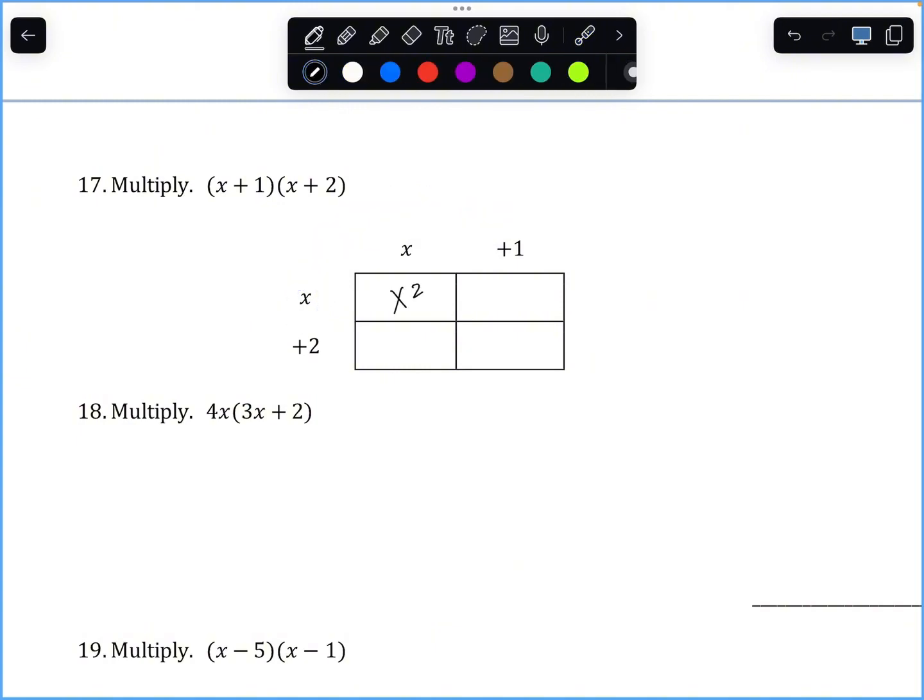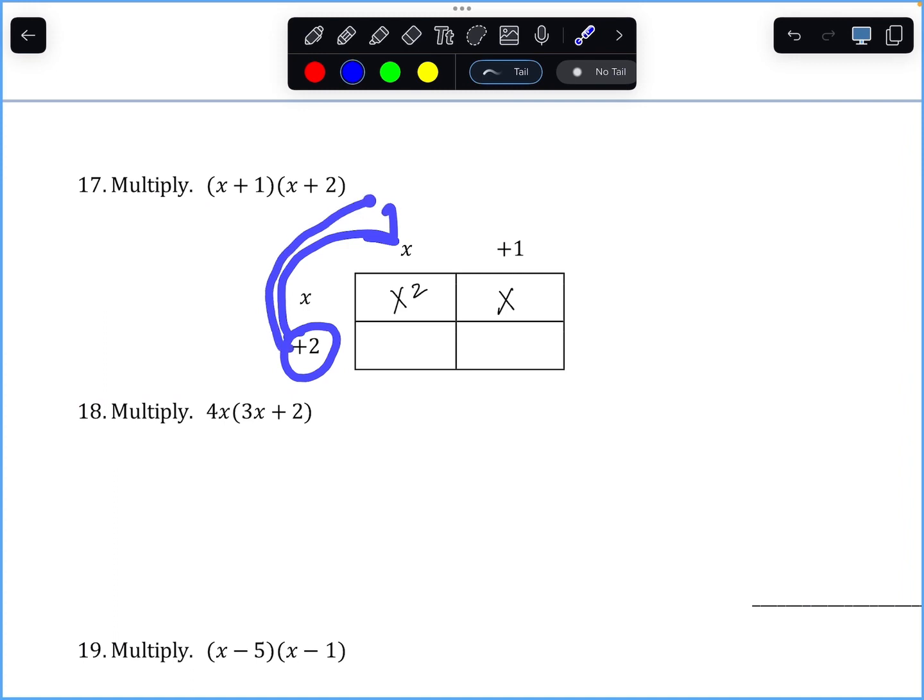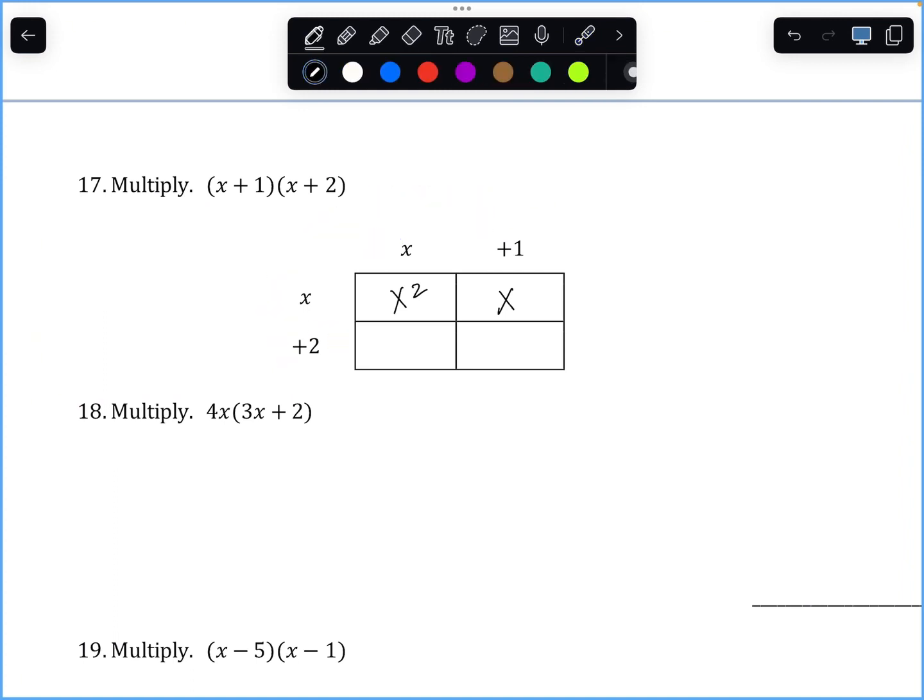So that's x squared, that's x, and I do the same thing here. Good job, Jaden. And therefore, our area is x squared plus x plus 2x plus 2. We got some like terms here. So therefore, this equals x squared plus 3x plus 2.